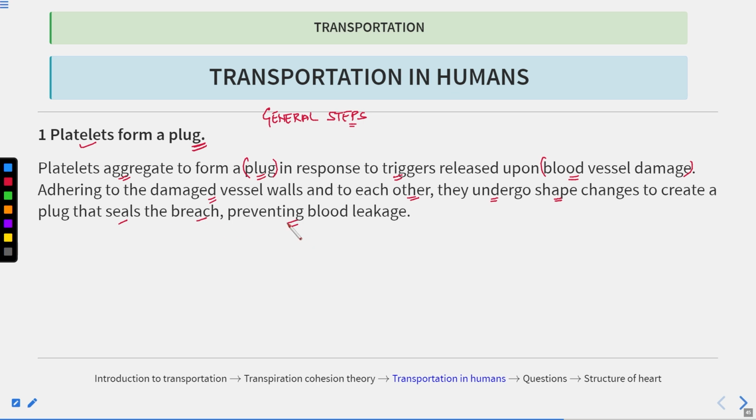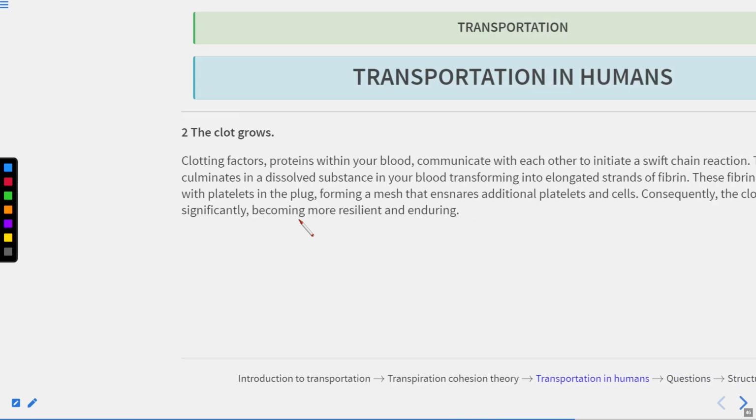This change in the shape of the platelets helps in the formation of the plug, which seals the injured area and thus prevents blood loss. So the first step is the formation of the plug by the platelets.